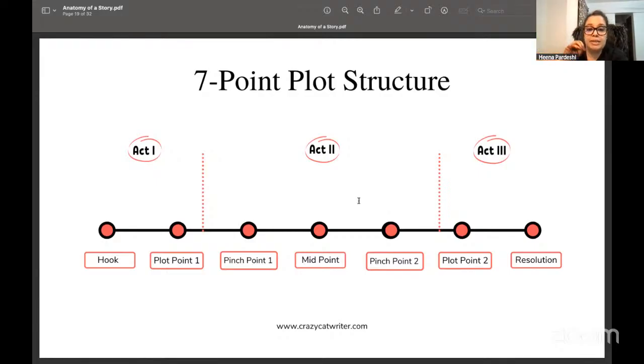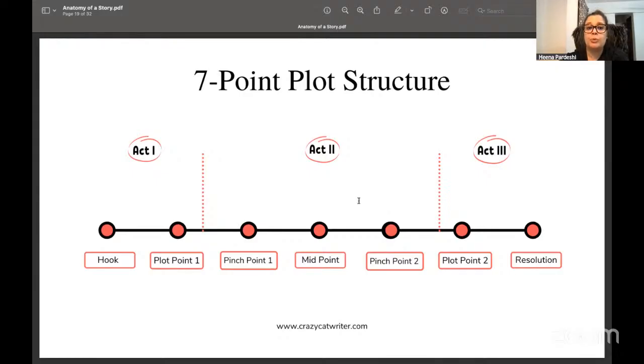Now, fourth is the midpoint, where the character will go through realization or shift of power. In Kite Runner, Amir learns the truth about Hassan. Then we have pinch point 2, crisis and the stakes peak. Here in the Kite Runner, we are going to have Rahim Khan's call, there's a way to be good again.